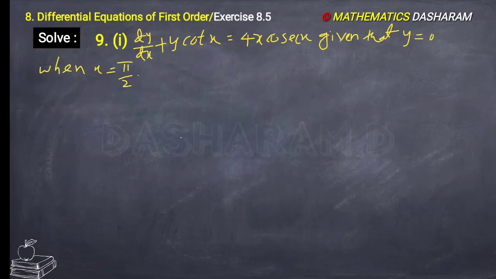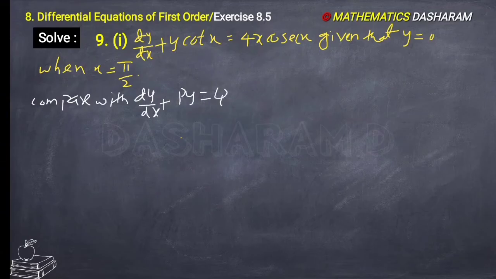Ninth problem, first question: dy by dx plus y into cot x equals 4x into cosec x, given that y equals 0 when x equals pi by 2. First of all, compare with the standard form dy by dx plus p into y equals q. Here p value is cot x and q value is 4x into cosec x.